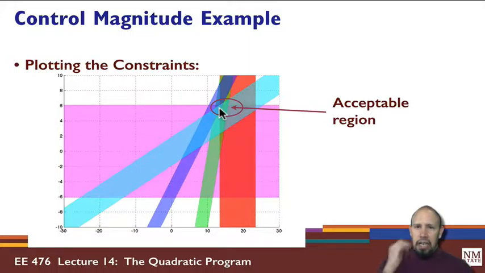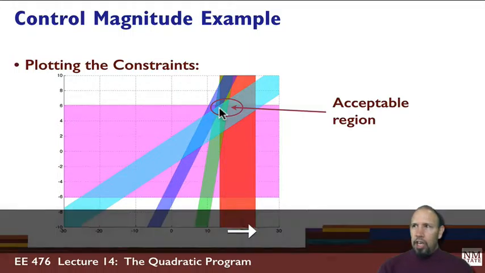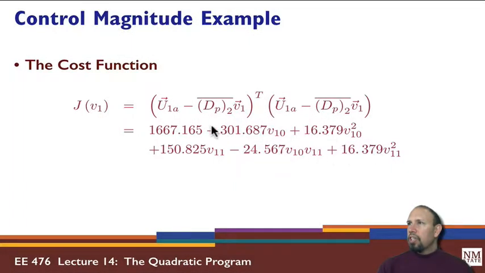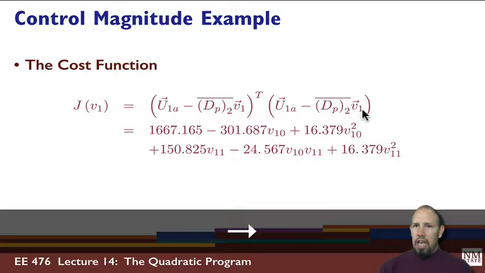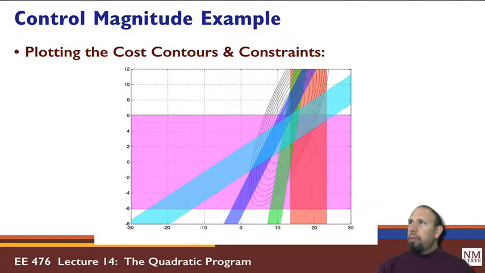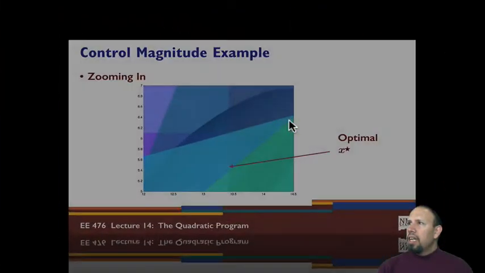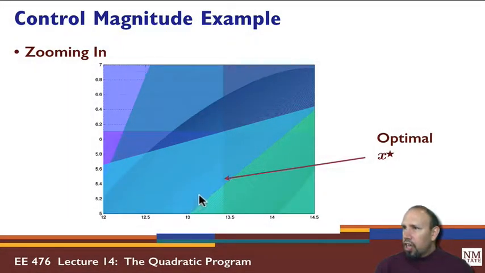If we look at the cost function, this is our cost function that we get from this, and if we plot the contour lines of that cost function, this is what we have. Here's our acceptable region right in here. There's our global optimum. If we zoom in, we see that there's our global optimum there, and here's our region of acceptable values.